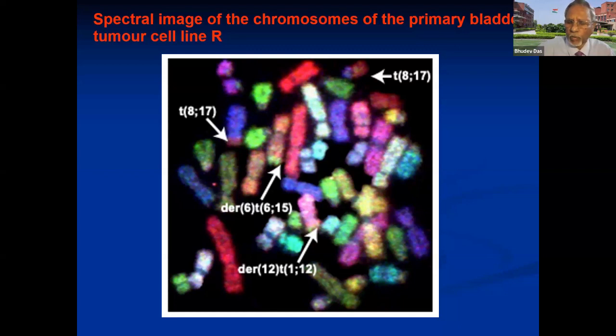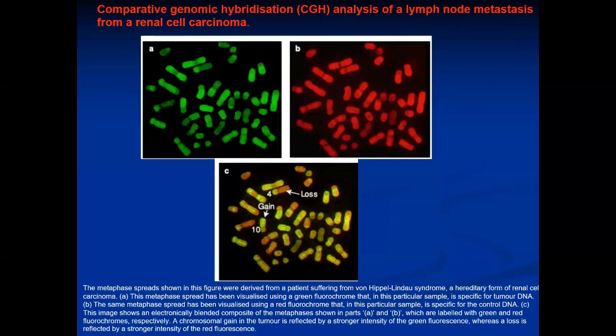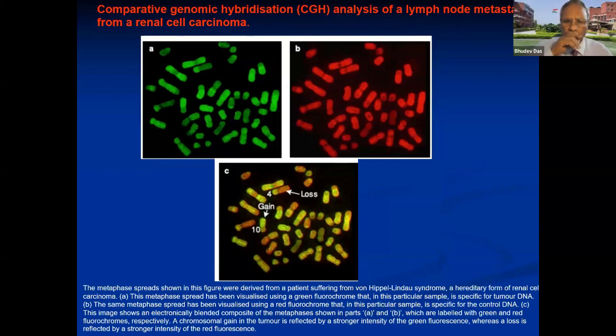This was possible by this multicolor system, spectral color or chromosome mapping. Then this is also comparative genomic hybridization, by which you can find the loss or gain that is translocated, and you can see that chromosomes 4 and 10 are involved.